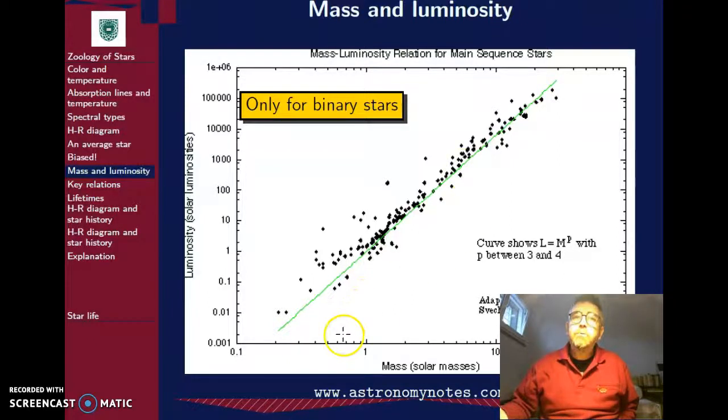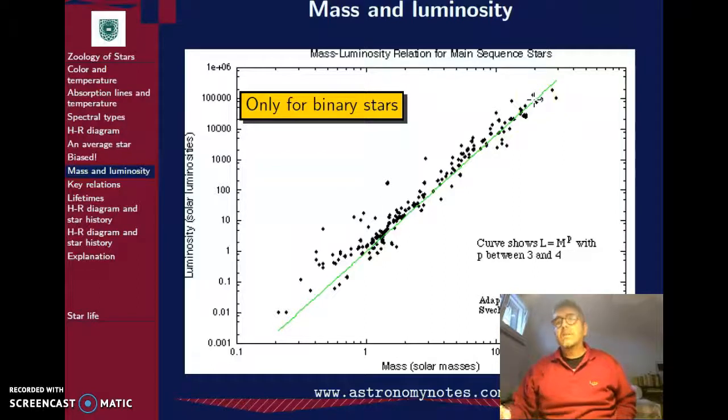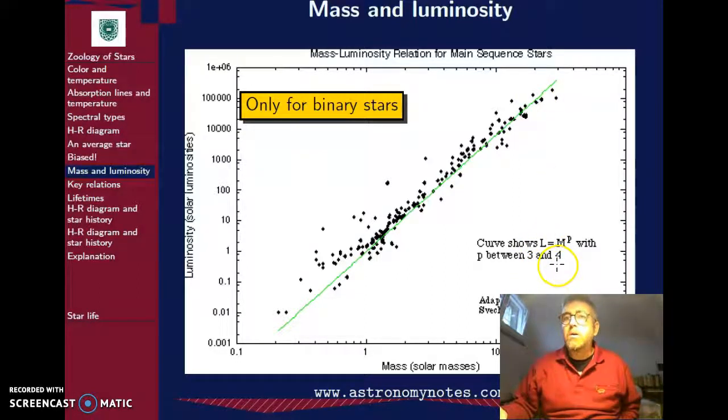What happens if we put these graphs on a logarithmic scale? We find a linear behavior. A linear behavior on a logarithmic scale means a power law connecting the luminosity and the mass. And this power law goes as roughly 3.5.